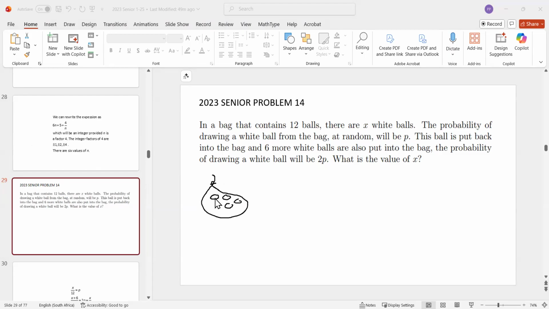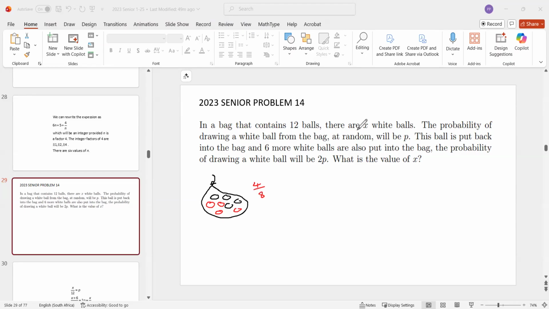I'll change the color here. So what is the probability of drawing a white ball? There are 4 white balls and 4 red balls, so there are 8 altogether. So the probability of drawing a white ball will be 4/8. If I had just one white ball, the probability would become very much smaller. It would be 1/8.